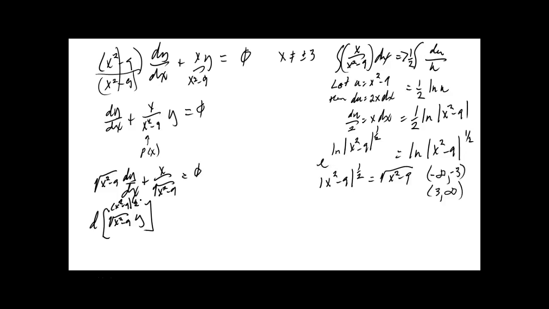But you have a 1/2 out front, and then you have a 2x, so the 1/2 and 2 go out, and you have the x. Sure enough, that's fine. Oh, I left off my y here. Okay, sorry about that. Yeah, left off the y. And then the other one is this times the root of this, which is that. And that's equal to 0.